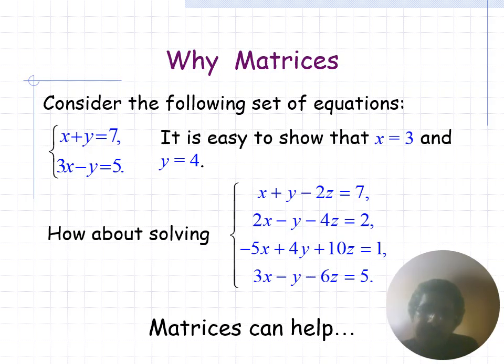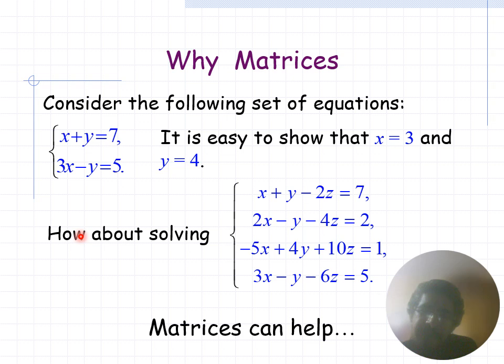Why do we study matrices? If you have already studied the determinant, you will know Cramer's rule. You can use the determinant to solve an equation system, like two equations with two unknowns. It will be a bit harder to do 3 by 3 equations, but it's okay.